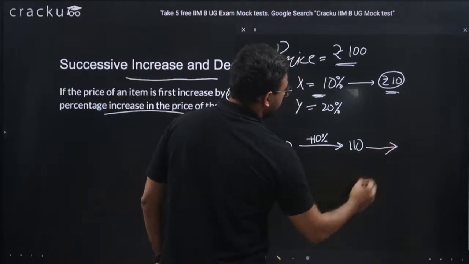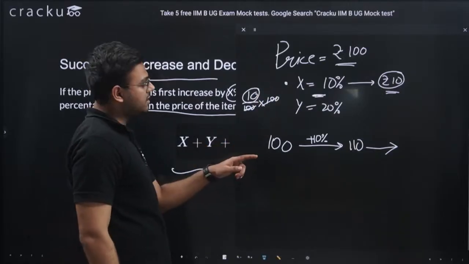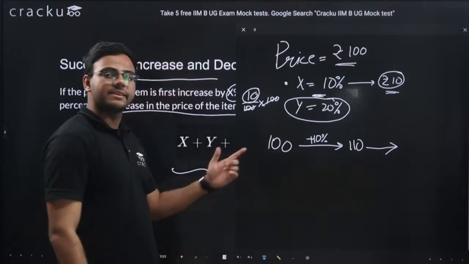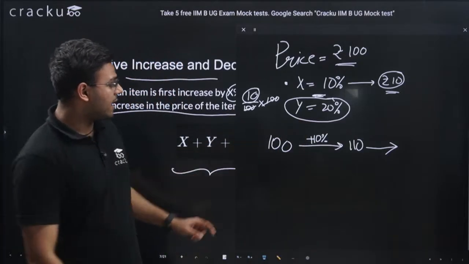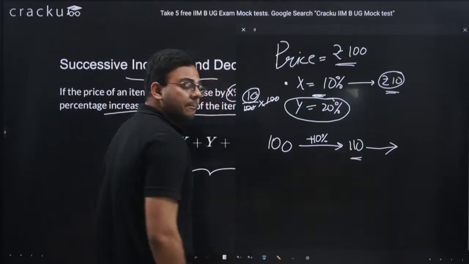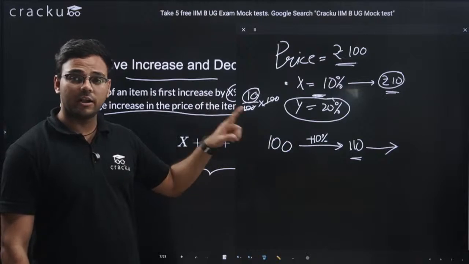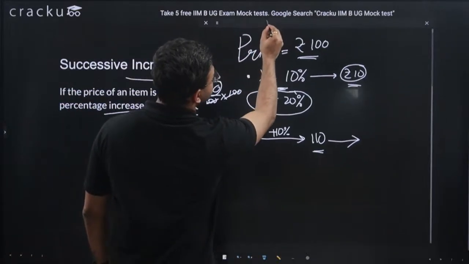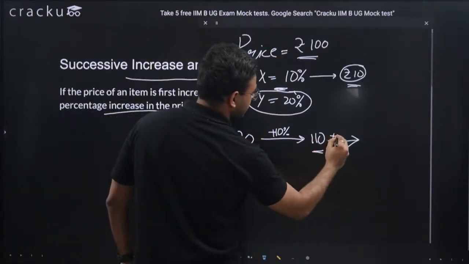Now it is further said that after this 10% increase, the price of the item is again increased by Y%. In this case, the value of Y is 20%. The price has already reached rupees 110, and after this 110 there is a percentage increase of 20%.